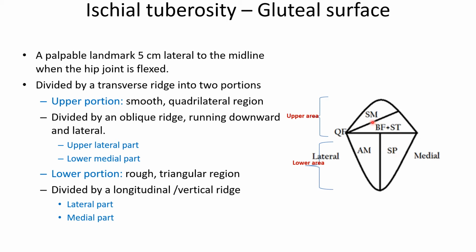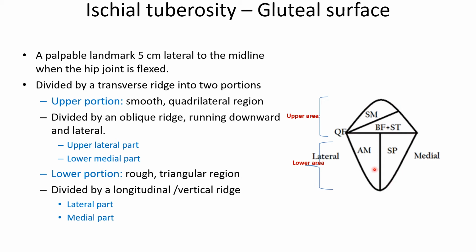Each of these upper and lower parts is divided by another ridge into two parts. The upper portion, which is quadrilateral and smooth, is divided by an oblique ridge running downwards and laterally into an upper lateral part and a lower medial part.